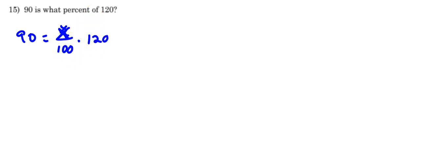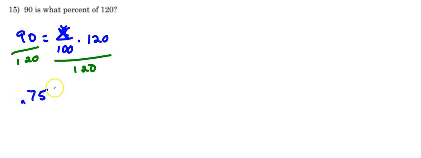So it took 2 steps to get us to the end here. First step, divide by 120. Which gives us 0.75 equals x over 100.